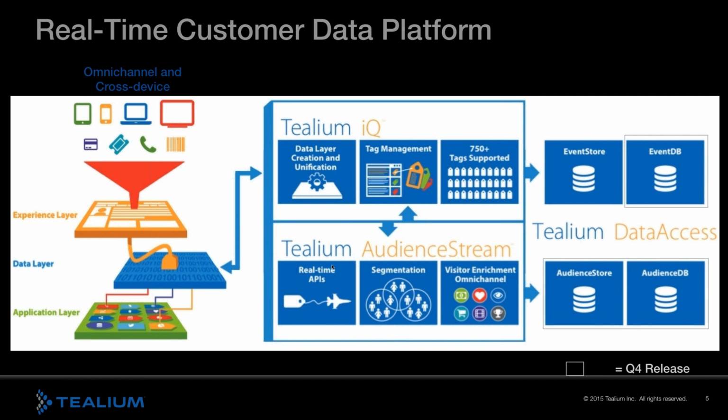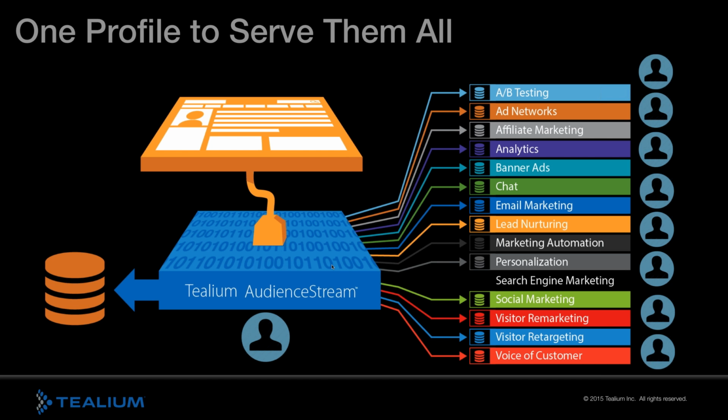And I break that out into really 2 distinctive data sets, one being an event data set and the other being an audience data set. As you know, Audience Stream is really trying to create a singular data set against an individual and then deliver that to every vendor within the digital marketing ecosystem, including the enterprise data warehouse.